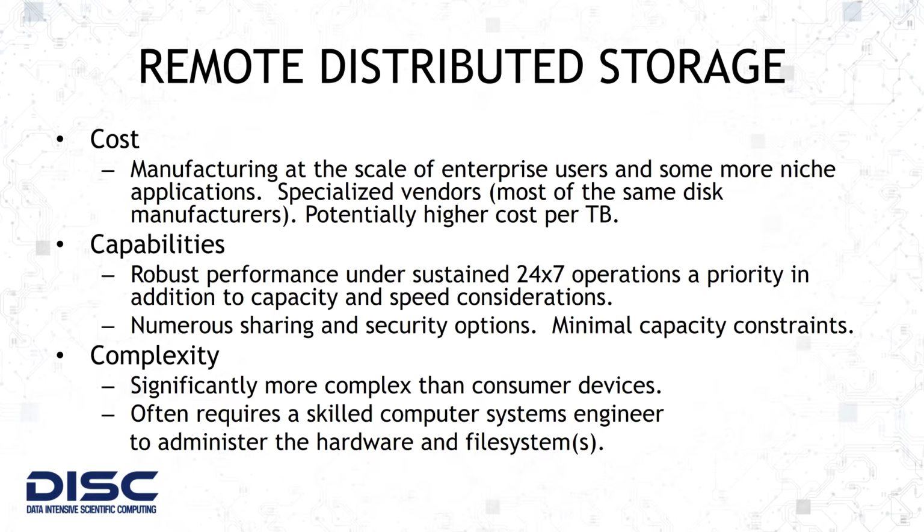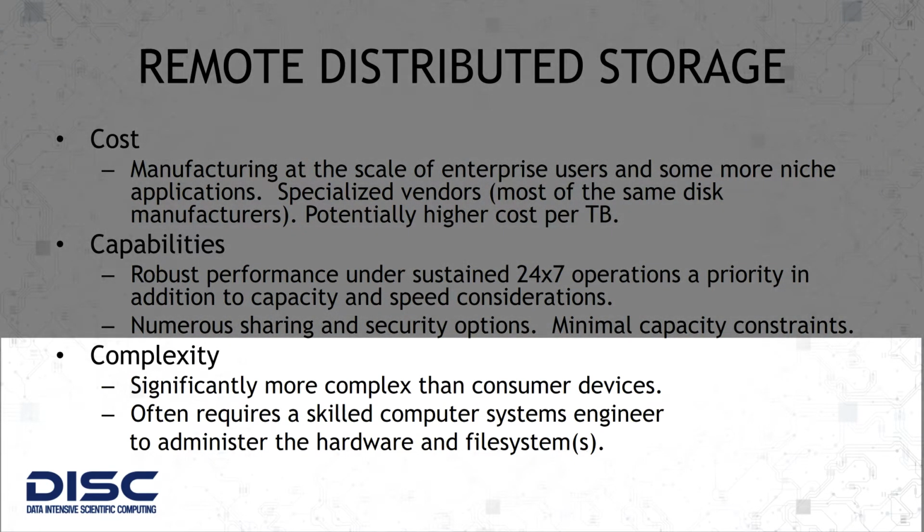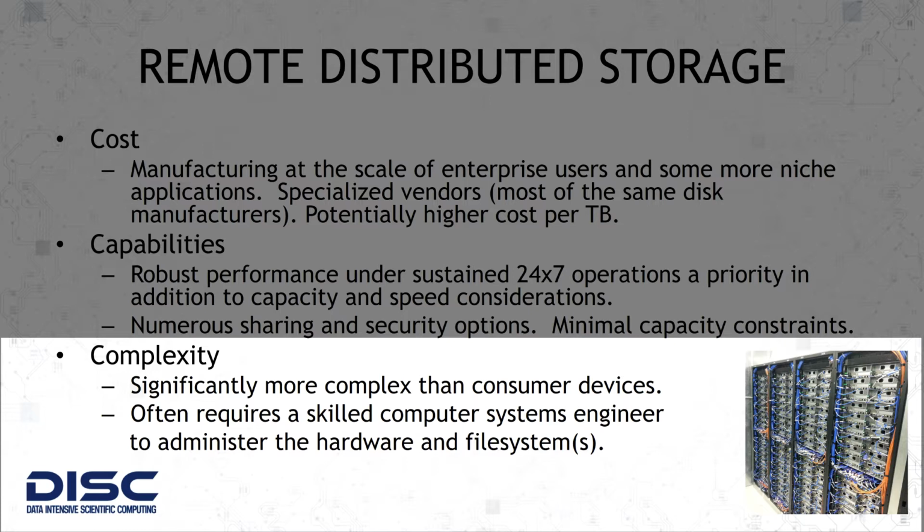Last, as we might expect, the complexity of distributed file systems and enterprise class file systems is significantly higher. As we've talked about, now we've got lots of servers, which involves lots of hardware. So first you have to deploy the hardware and get the disk drives in those individual servers properly configured.